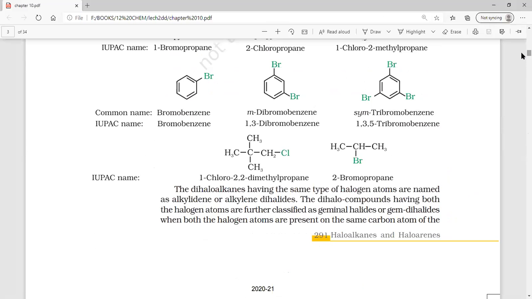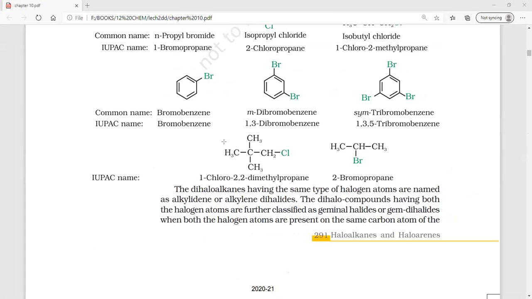Next, in case of normal alkyl halides, we will apply the longest chain rule. So the longest chain which contains the substituent is 1, 2, 3. This is the longest chain. In this longest chain, we will number it as 1, 2, 3. So it is 1-chloro.